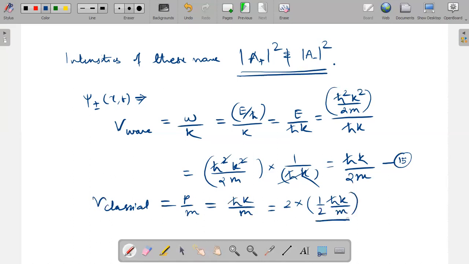But this represents equation number 15, which is V wave. Therefore, 2 times V wave. Therefore, we can say that V classical is twice as fast as that represented by the wave function, and therefore the wave function is not normalized, and therefore we can say that it tends to infinity.